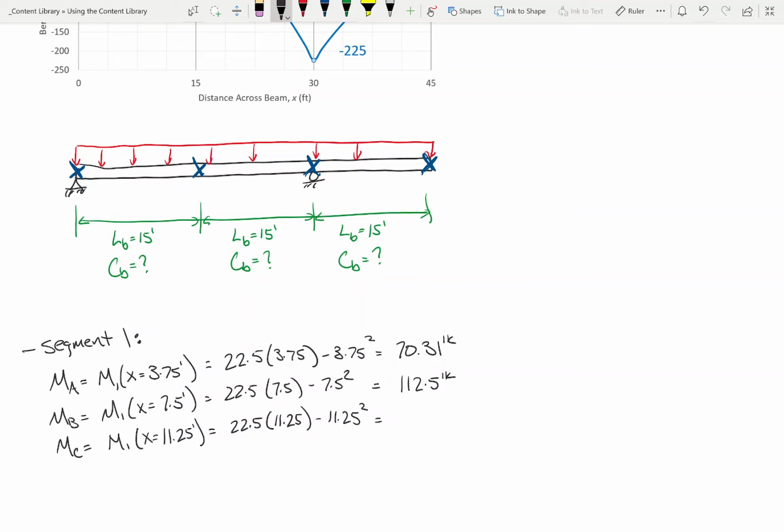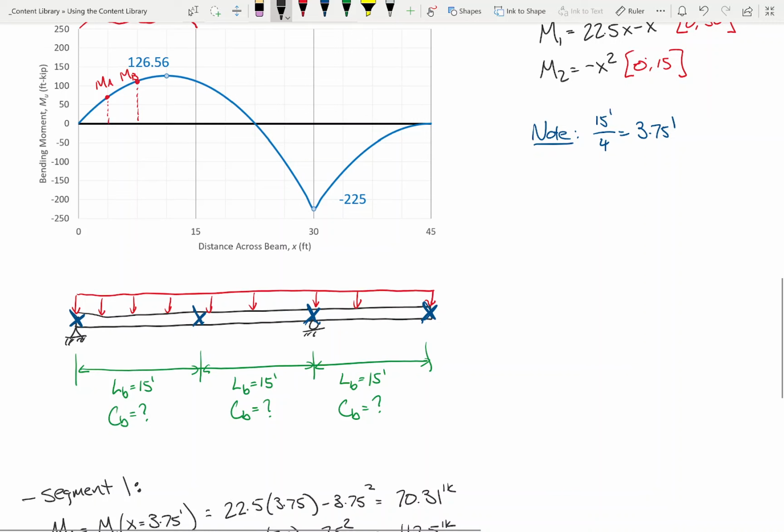And then the third one ends up being 126.56. So actually, if you scroll up here, this is MA, this is MB. This value right here, that's MC. And if we look at our scale, that's about 70, that's about 112, so that looks right. So is everybody seeing how we're figuring out quarter point moments?